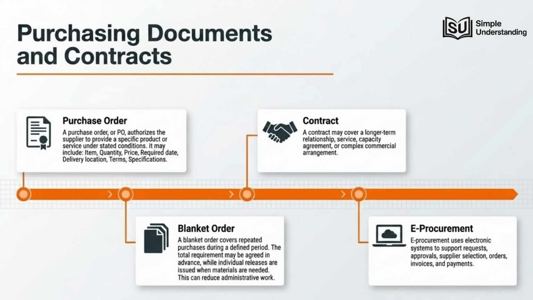Contract. A contract may cover a longer-term relationship, service, capacity agreement, or complex commercial arrangement. E-procurement. E-procurement uses electronic systems to support requests, approvals, supplier selection, orders, invoices, and payments.